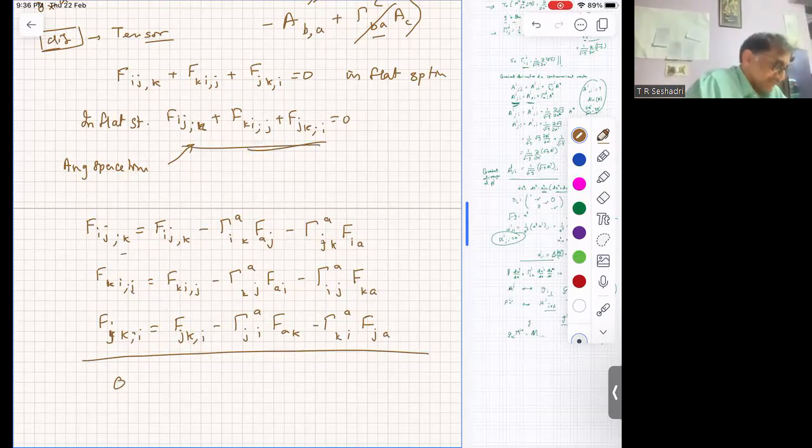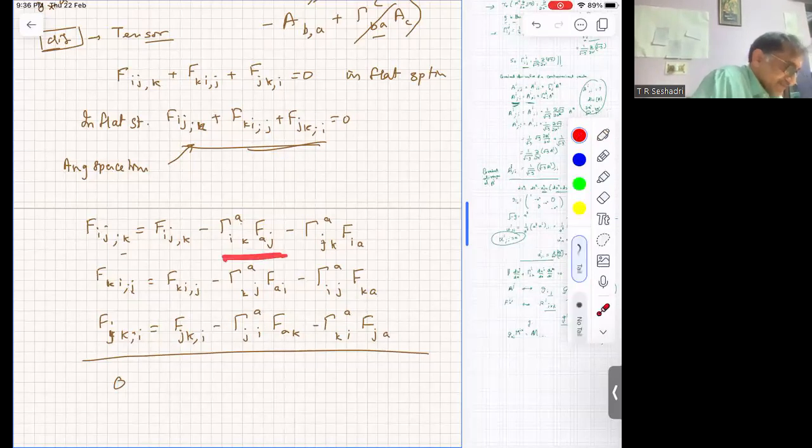Now look at this one. You have gamma A I k. So now let us look at this term. This is AJ, this is JA. So I can put a minus sign and put an AJ.